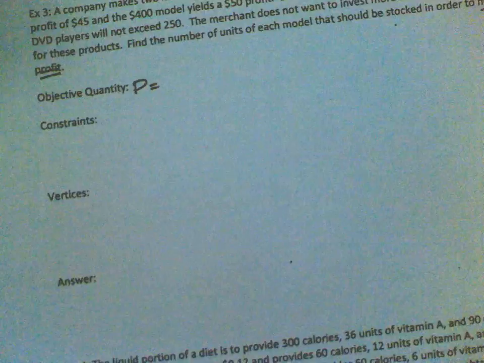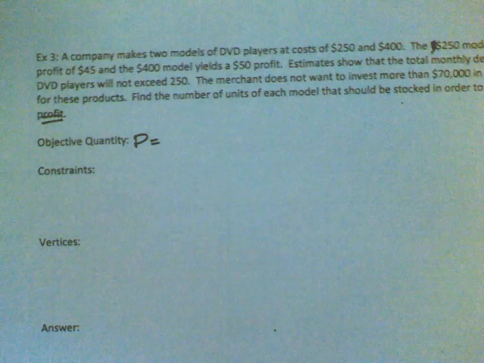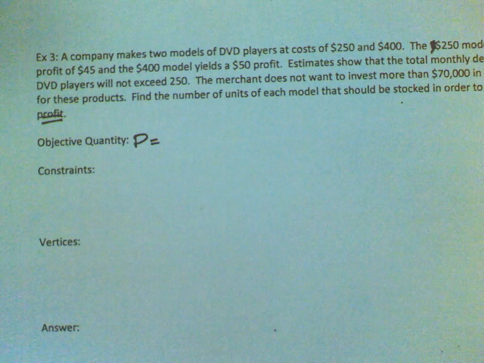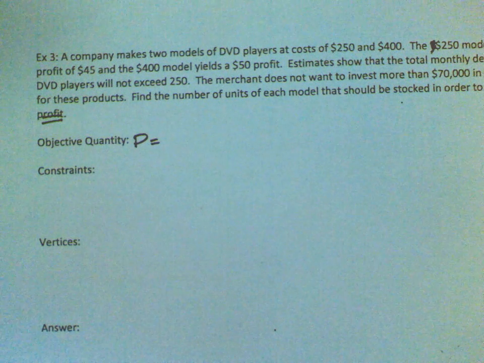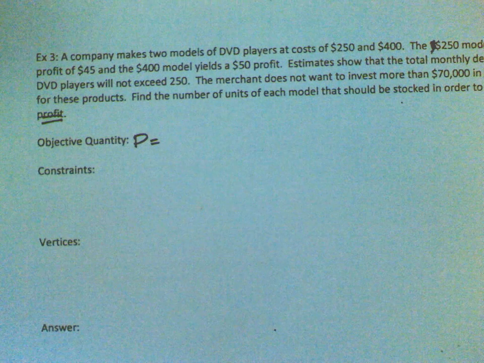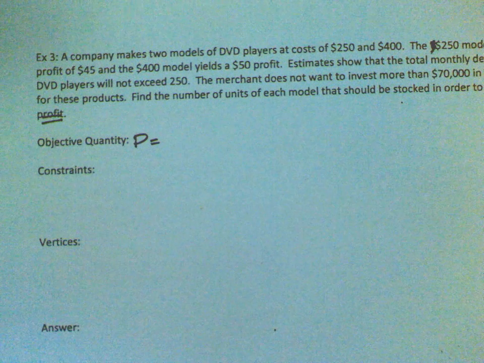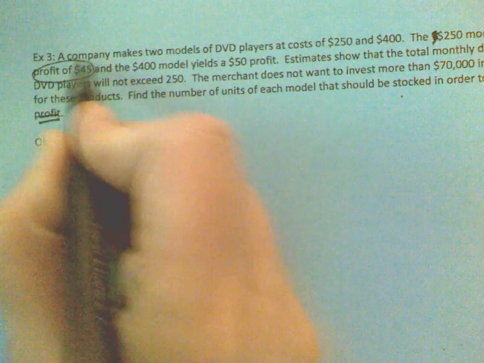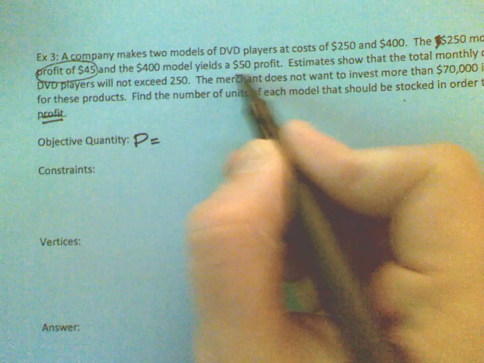Oh, yes. What kinds of things do they tell me about profit? Do you say anything about profit, Dylan? Yes. What do you see? Yields a profit of $45, and the $400 model yields a profit of $50.